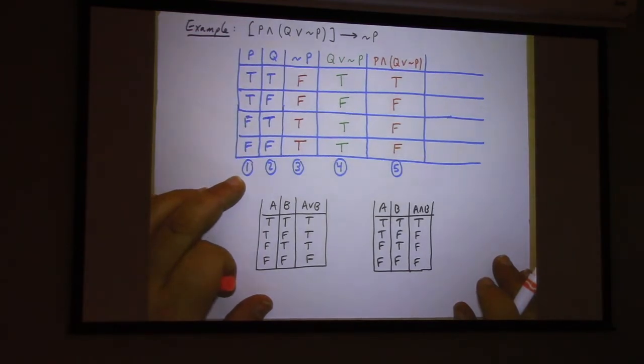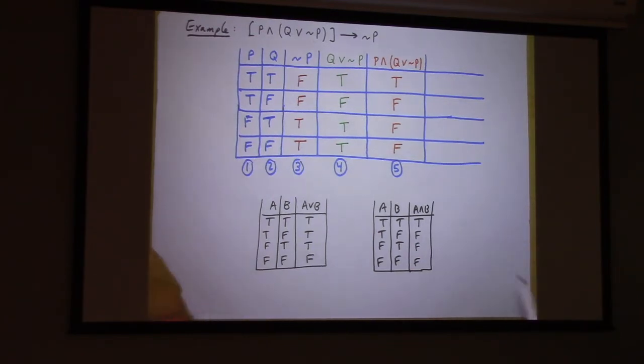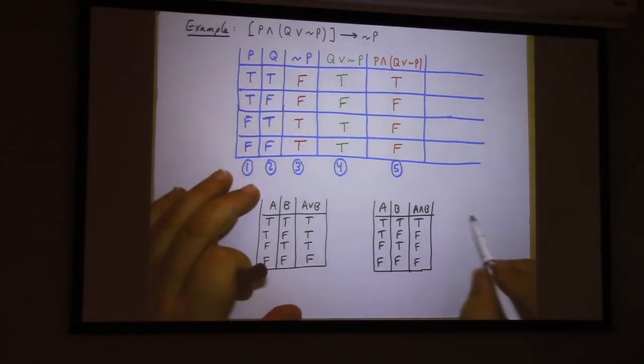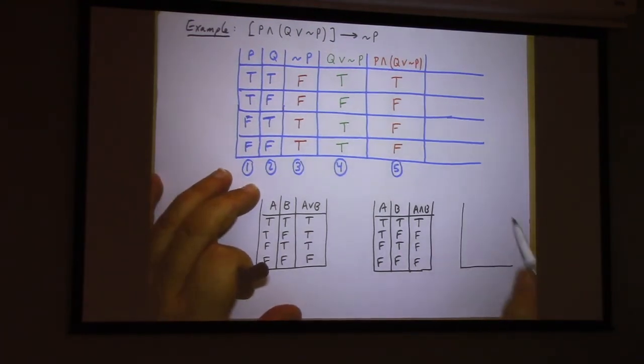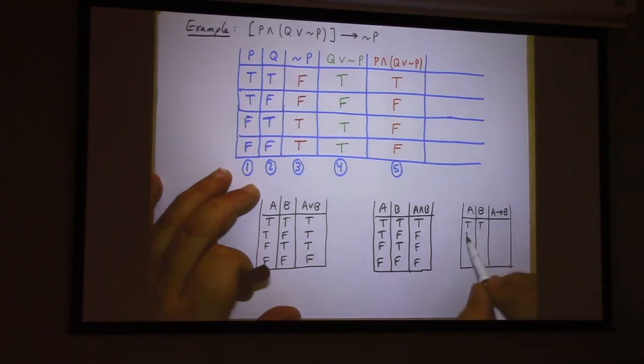All right, and then what's next? Everything together. So the last operation we're looking at is the conditional, which I'll write again down here. A, B. Maybe it helps to have different letters, right? A implies B. So we could have true, true, true, false, false, true, false, false.